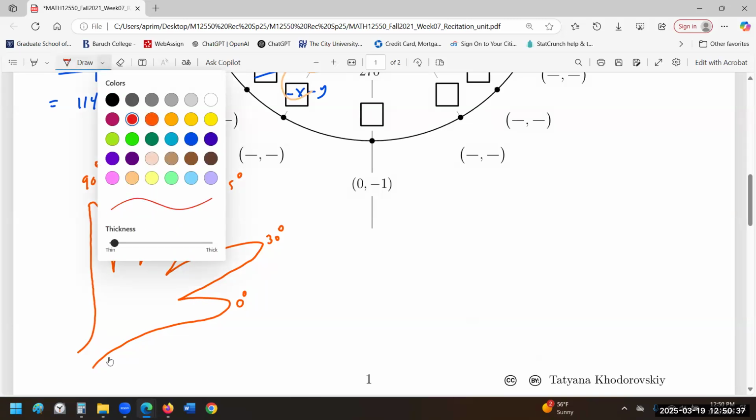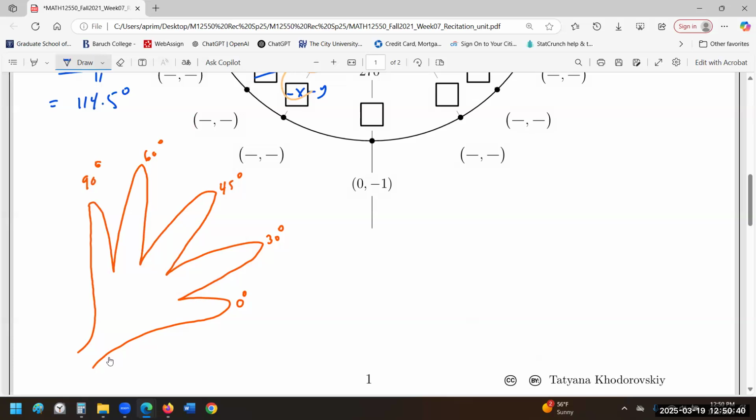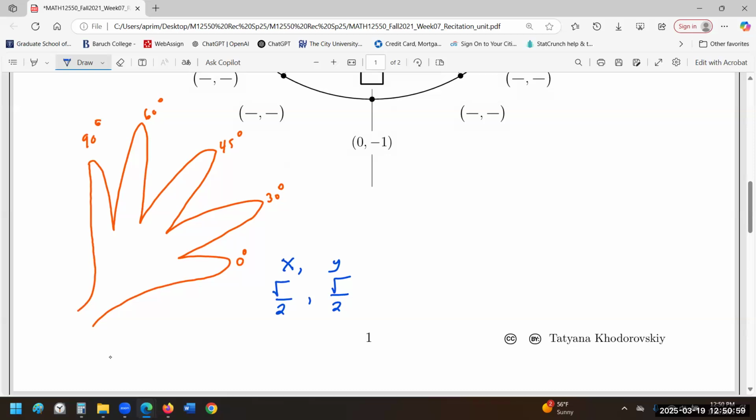So the trick is, let me take blue. For every x and y, so we have x value and y value, first you divide them by 2, okay? And then you do square root. Now, for the x value, to find what goes in the numerator under the radical, you look at how many fingers you have on the left of that finger.